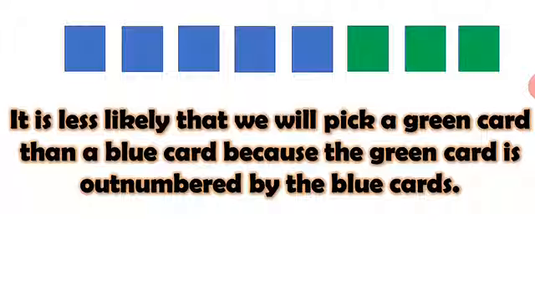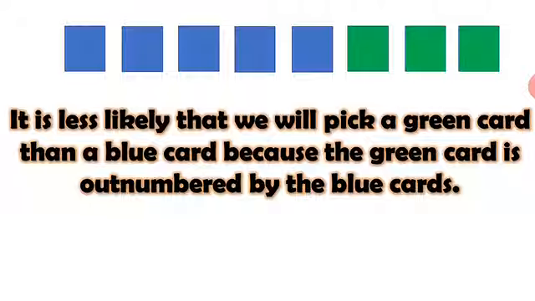When they ask you what is the probability of getting a green card, probability can be expressed in words and in numbers. In words, you can express it as likely, unlikely, impossible, equally likely, and certain. While in numbers, it can be in fraction form, decimal form, or percent form.